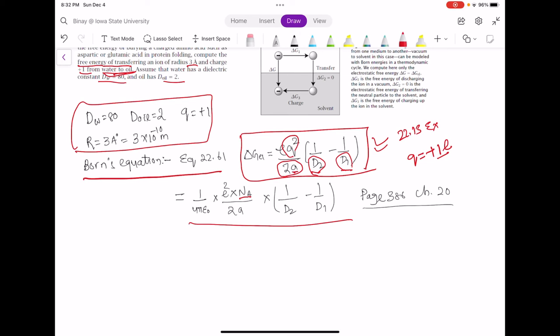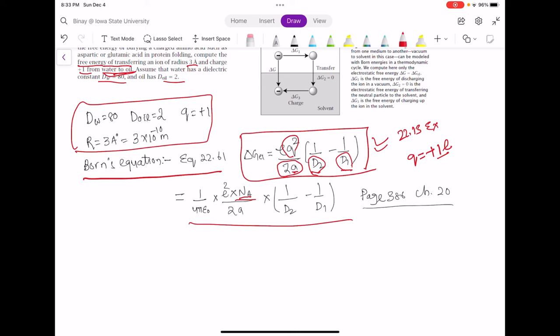If you go to chapter 20, page 386, there is a big table or big calculation of units. They have already converted why we need Na. We can easily follow that. Because we are calculating for 1 molar, we are multiplying by the moles. The number of moles is 6.022, Avogadro's number. That's why the Na is here.